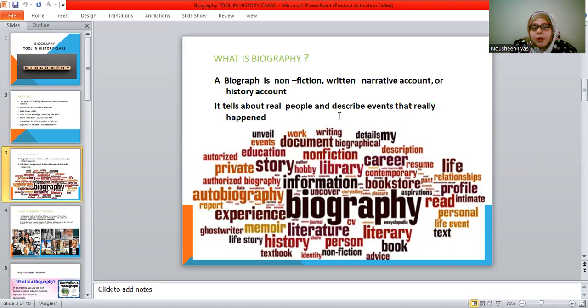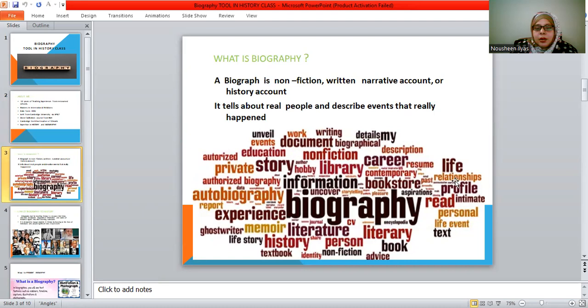It tells about the people and events not only done in the past, but we can still get awareness by using biography of updated current events. So it's a non-fiction writing. There are a lot of terms we can use.